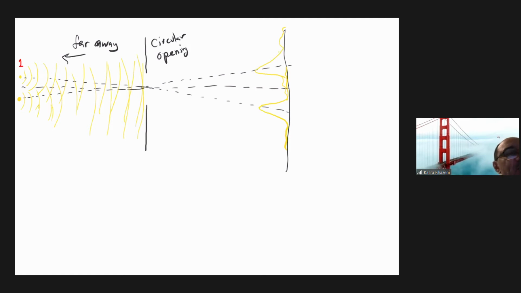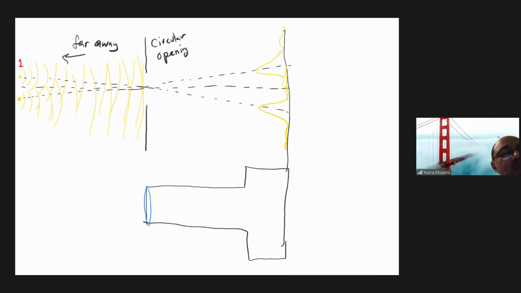All right. Now the question is, well, this circular opening is roughly a model for a camera. Now, a camera has a lens, and it has a diameter, and whenever you have an opening, whether there's a lens there or not, it doesn't matter.